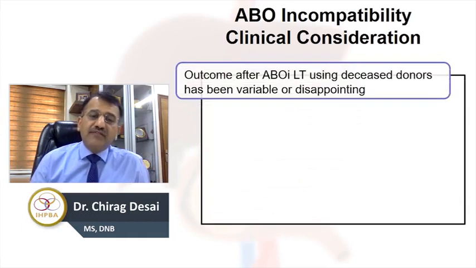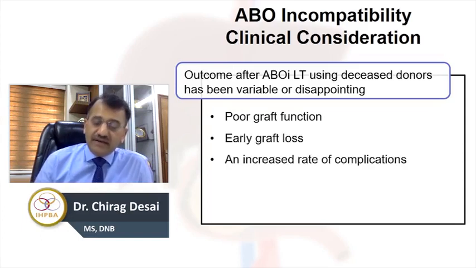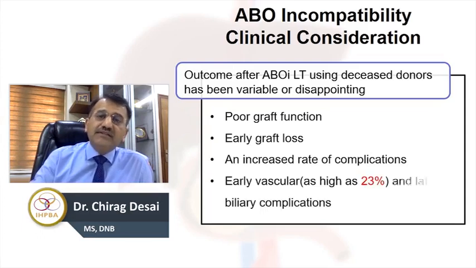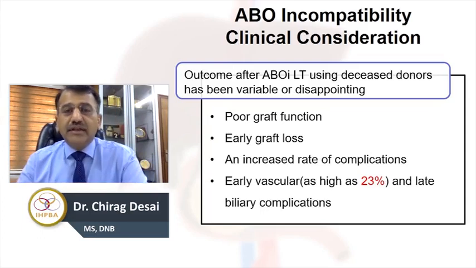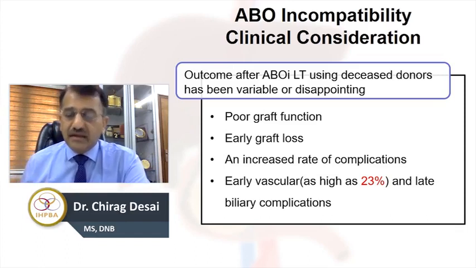Now, outcome after ABO incompatible liver transplant using deceased donor liver has been variable and disappointing because of the reported poor graft function, early graft loss, and increased rate of complications, including vascular complications. And this is because here the possibility of preparing a recipient, as in ABO incompatible liver transplant in living donor liver transplant, is not there.